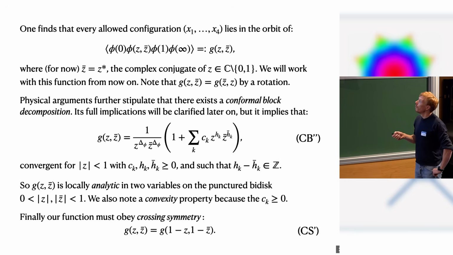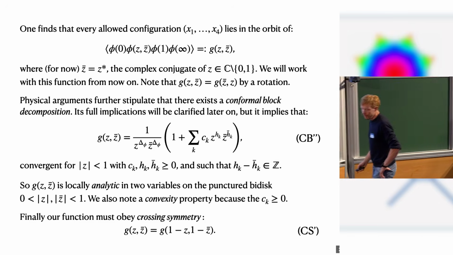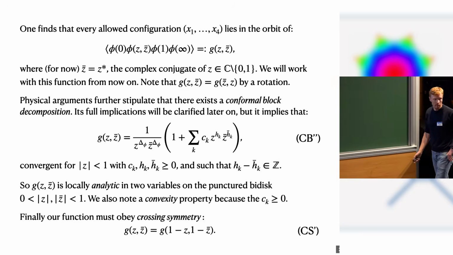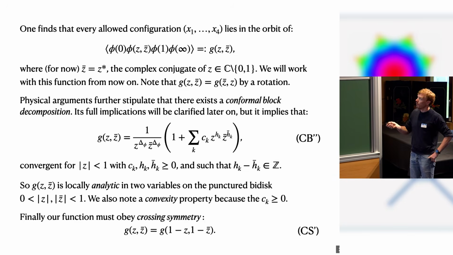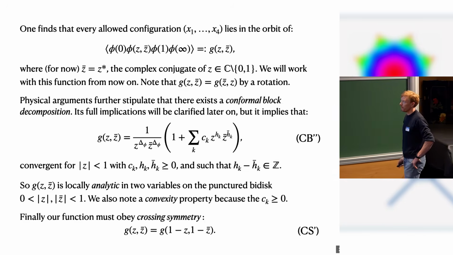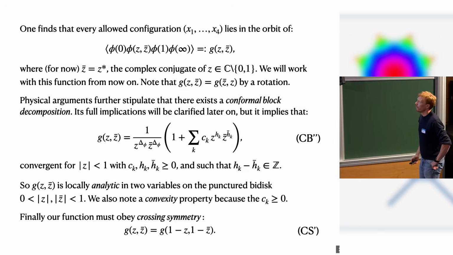Z bar is the complex conjugate, so it does an anti-clockwise rotation while z does a clockwise rotation. So you get e to the 2 pi times h minus h bar, and that better be 1, because this function should be single valued when z bar is z star.